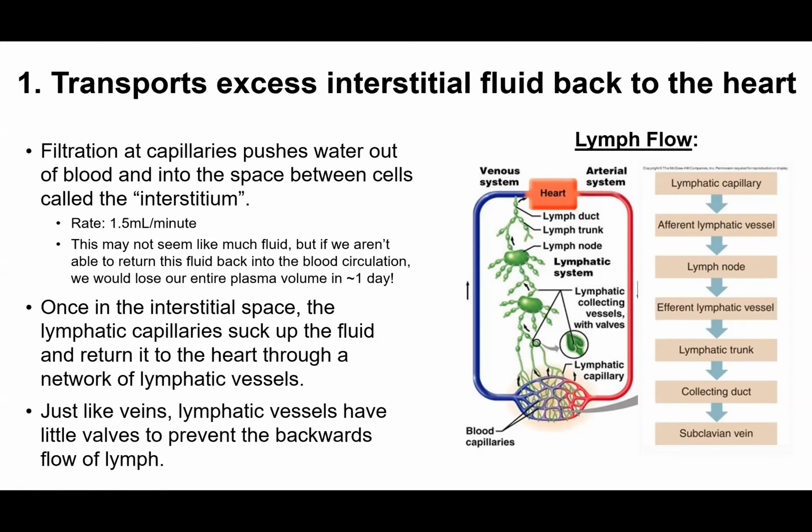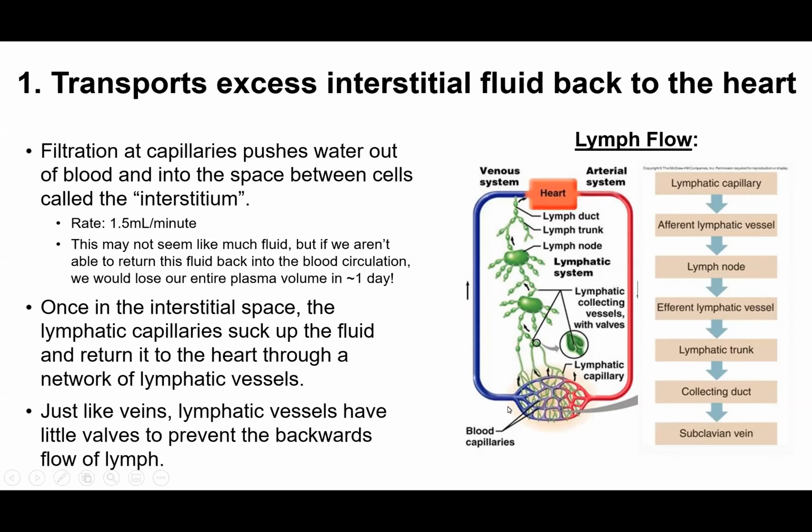Remember I drew the centrifuge on the board a couple of weeks ago: on the bottom I had red blood cells, then a little buffy coat layer of the platelets and white blood cells, and then that top layer was all plasma. So it's essentially the plasma volume that's being pushed out of the blood into this interstitium at a rate of 1.5 milliliters per minute.